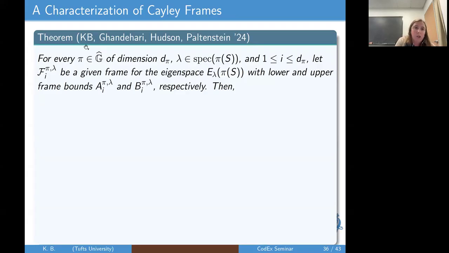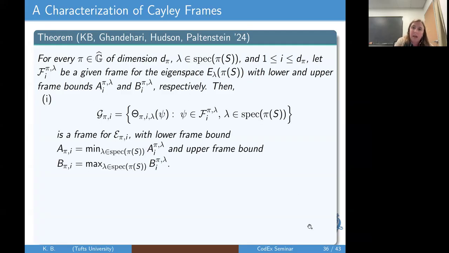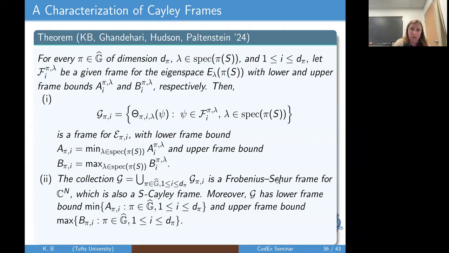We're going to start with a frame phi pi lambda for an eigenspace E lambda pi s, and we have our lower frame bounds. Then we apply our isomorphism that takes us into our coefficient space, E pi I. In fact, this gives us a frame for our coefficient space where we can describe our lower and upper frame bounds.